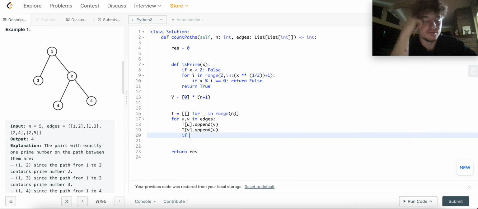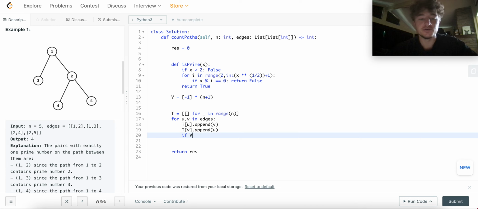And then we're going to say, well, I don't want to run is prime over and over again to find out if a number is prime or not. Well, we'll just use -1.